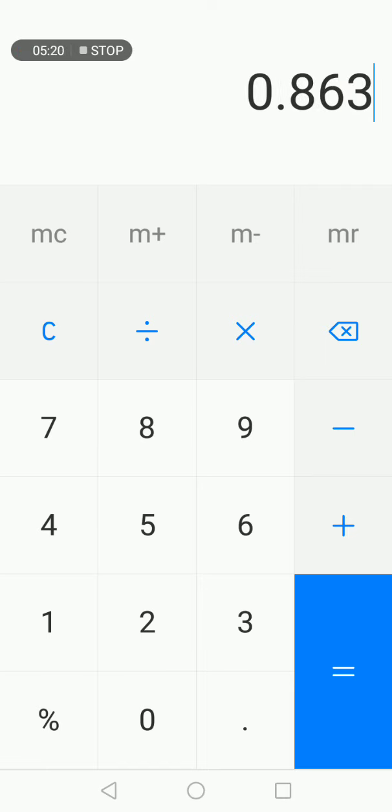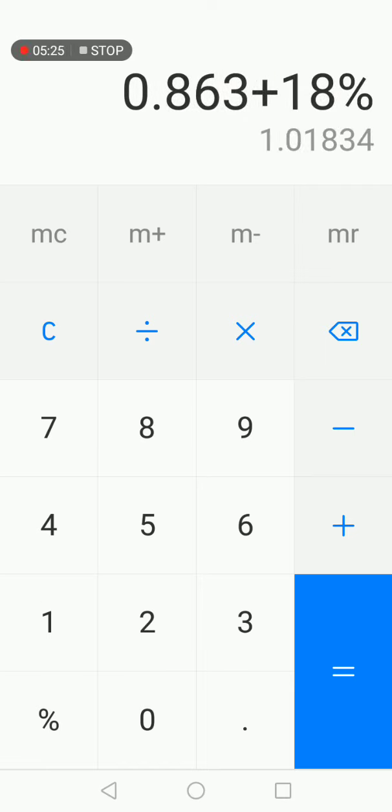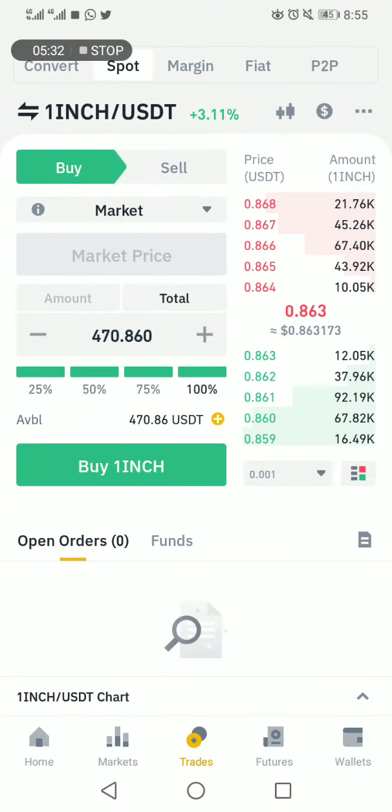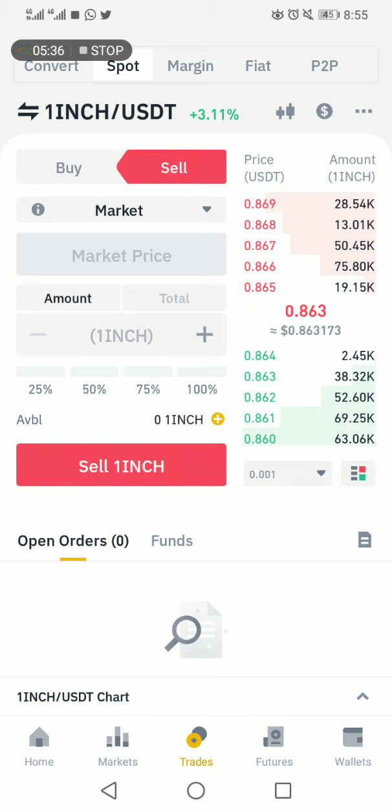Now, so what we'll do is this, the price that we entered the market, which is 0.863 plus 18%, which is this, we copy this 1.018 whatever there and come here, click sell. You've already bought, so the next thing to do is click sell.